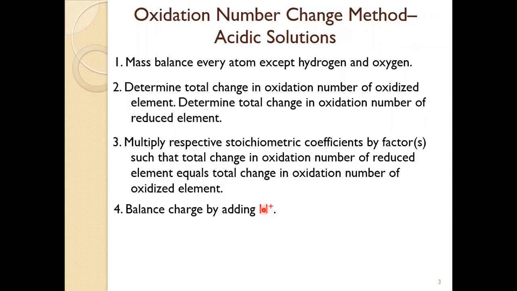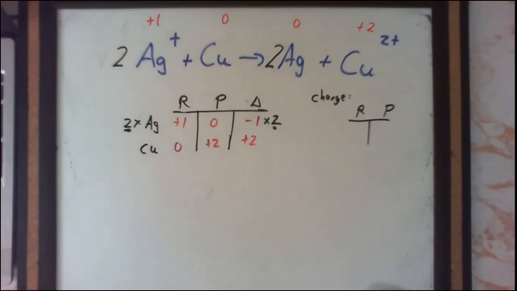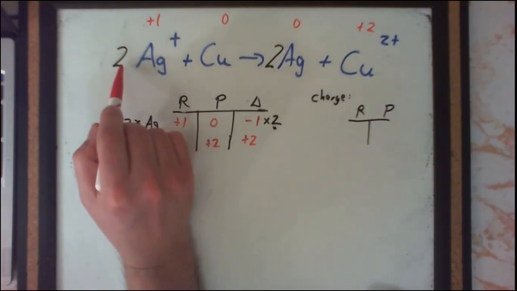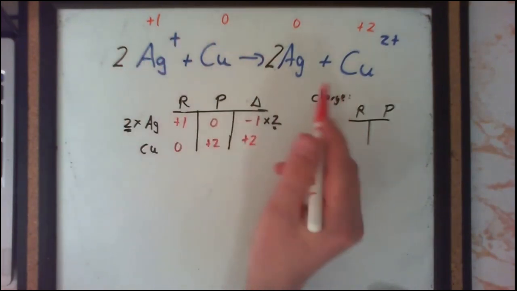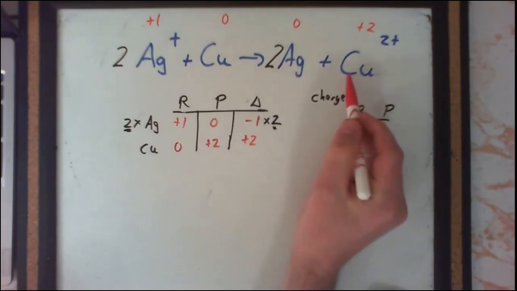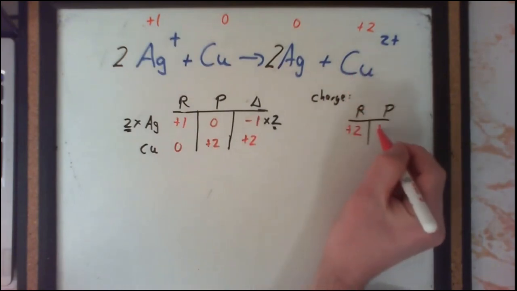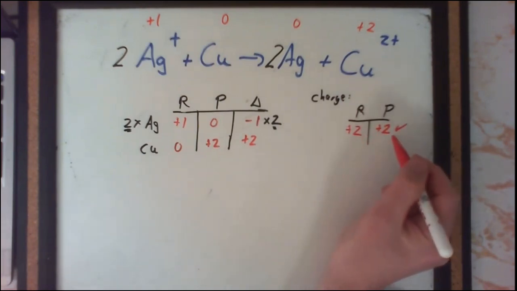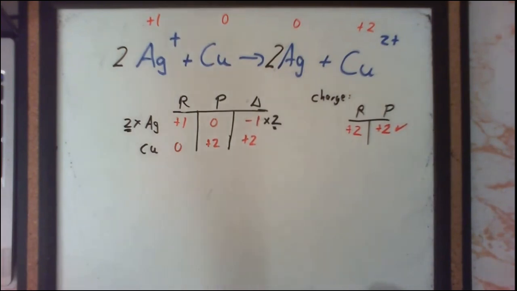So when we add hydrogen ions, the total charge on the reactant side equals the total charge on the product side. When we look at those charges, we have a total of 2 times +1 plus 0, or +2, on the reactant side, which matches the 1 times +2, or +2, on the product side. So as a result, it's already charge balanced. There's no need to add hydrogen ions to either the product side or the reactant side.